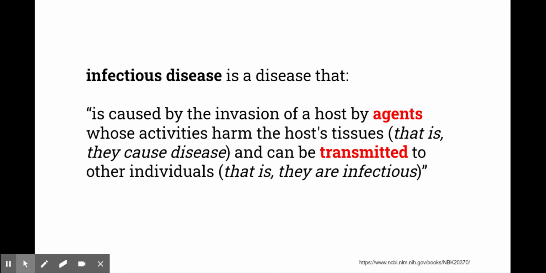But the point is, it is some foreign agent that harms the host, and that this harm is what causes disease. And these agents can be passed or transmitted to other people. So, i.e., they are infectious diseases, as opposed to non communicable or non infectious diseases that cannot be passed between people.